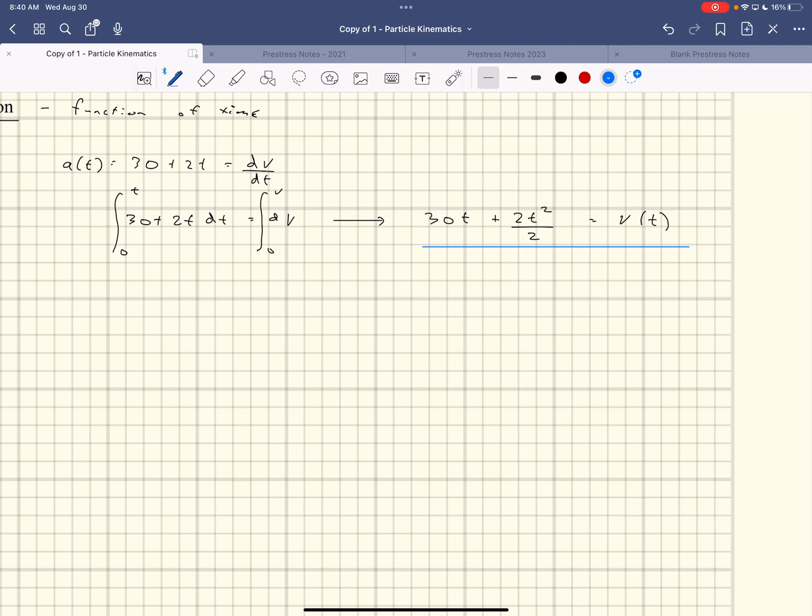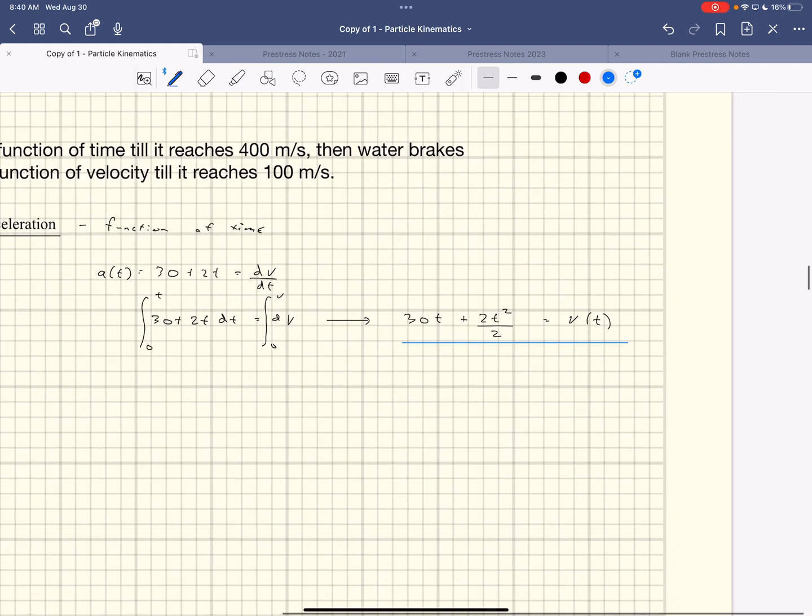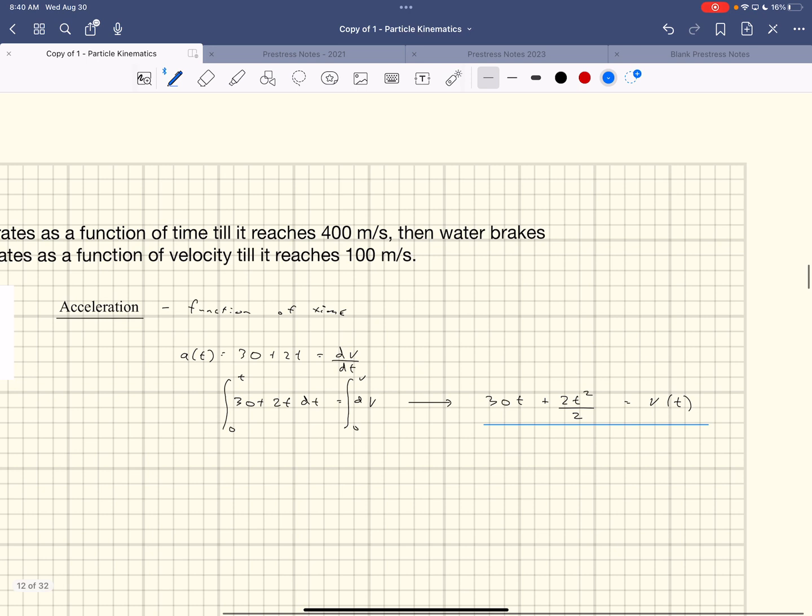Okay. So at this point, I was just looking up at the problem statement. The problem statement says we're going to go in this acceleration stage until we hit 400 meters per second, and then the water brakes are applied. So I can figure out how much time it takes to get to 400 meters per second. Velocity is a function of time, so I set that equal to 400, and it'll tell me the time it took to get there.